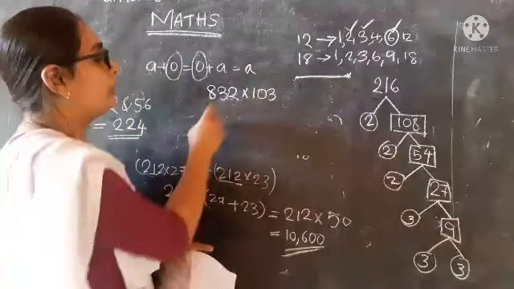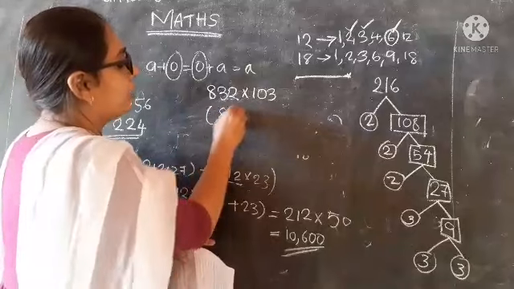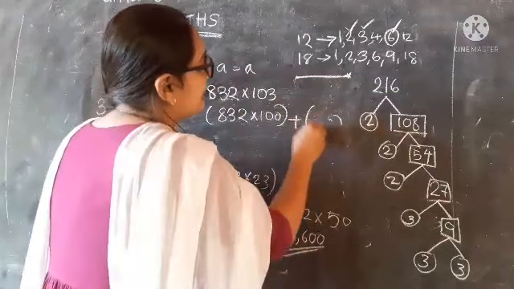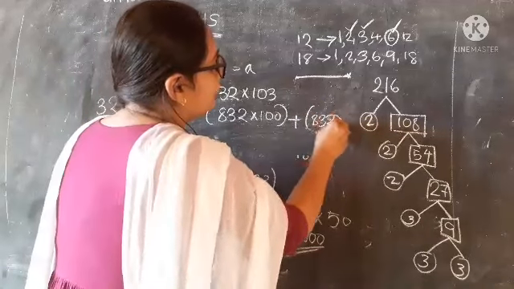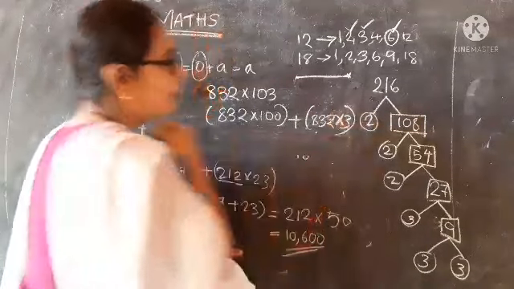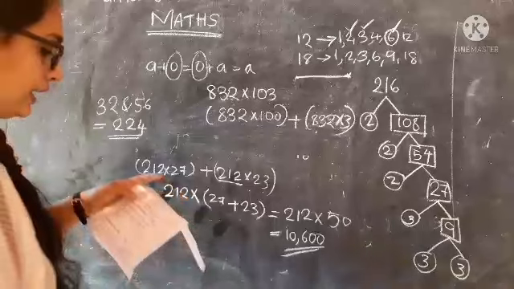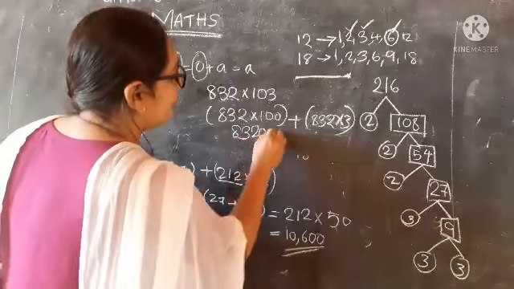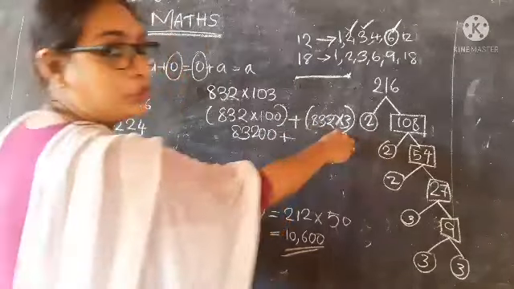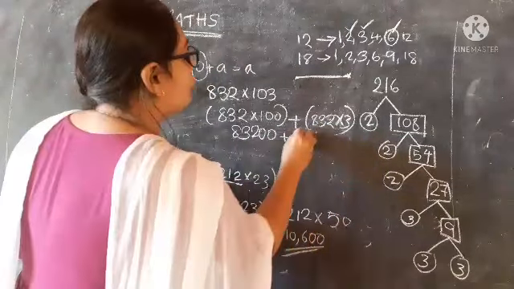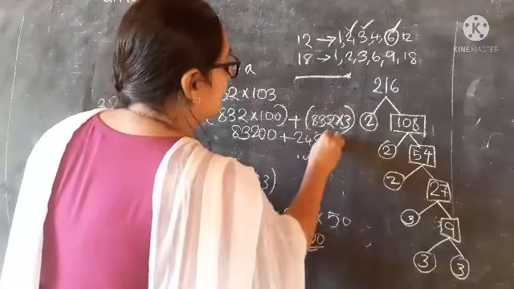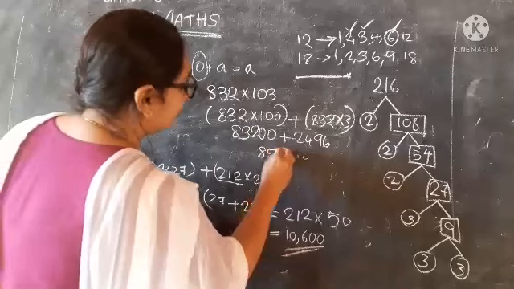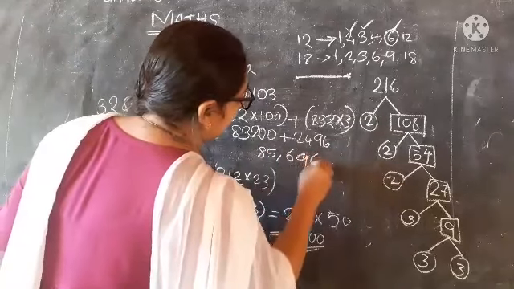How do you distribute this? 832 into 100 plus 832 into 3. Right. 832 into 100 is 83200 plus 832 into 3 is 2496. So the answer will be 85696.